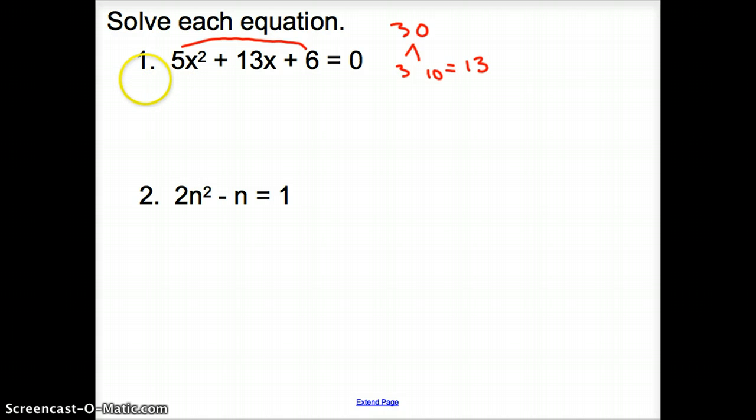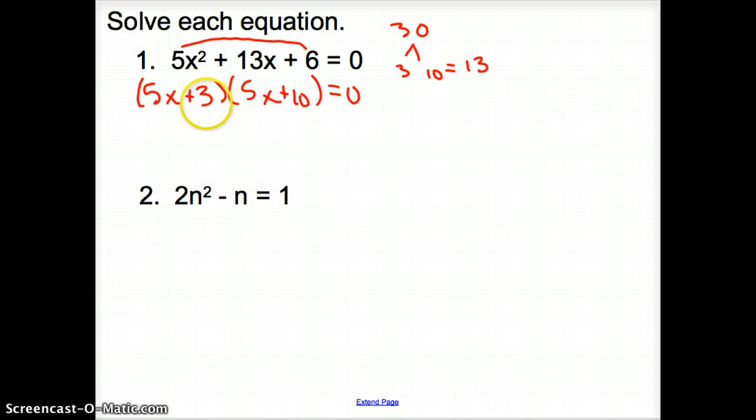So then go ahead, make your parentheses, put 5x into both parentheses, and then put the 3 and the 10 inside each, and they still equal 0. All right, please remember they still equal 0. Now since I put a 5 in both parentheses, I have to take a total of 5 out.